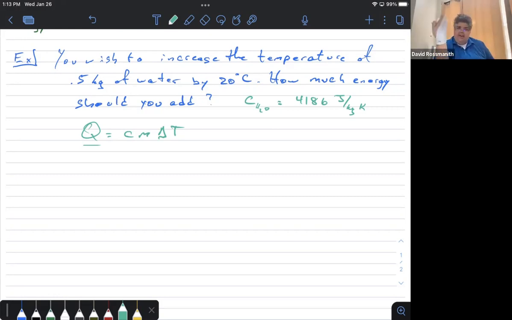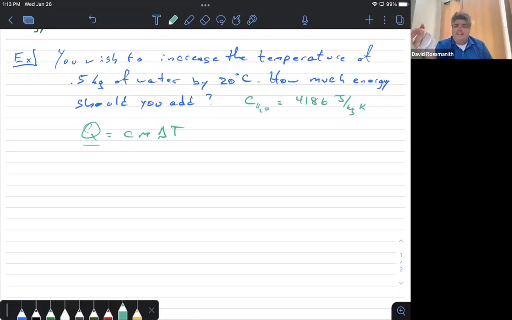They'll use calories and grams and things like this. And they may have the specific heat of water as 1. Or if they're using kilograms, then they'll say it's 1,000. But in this class, since we're using joules as our unit of energy, the number is different. It's 4186. So that's what we're going to use.